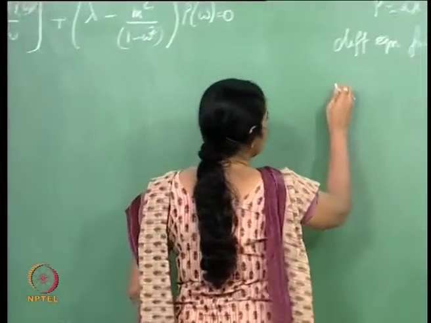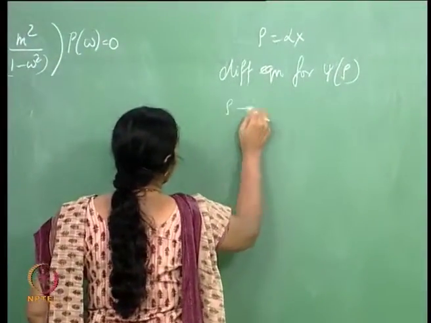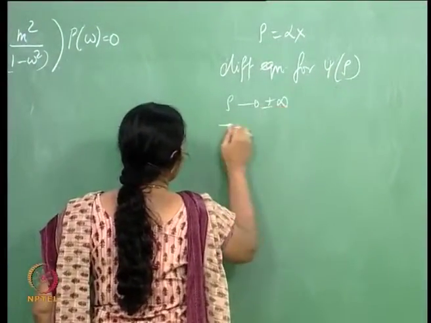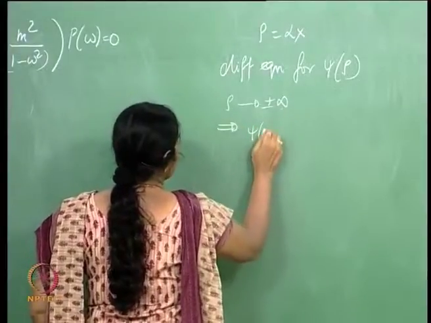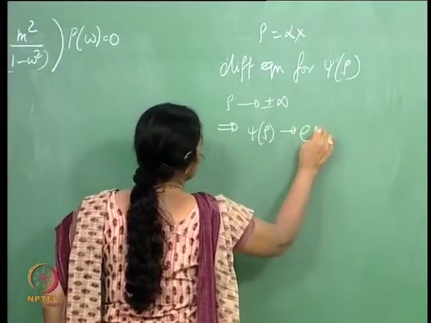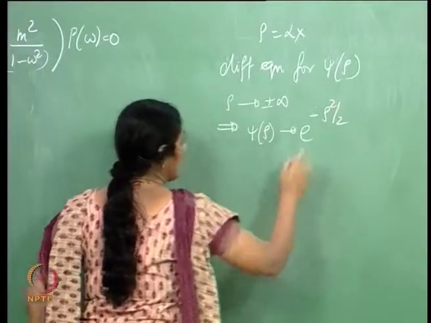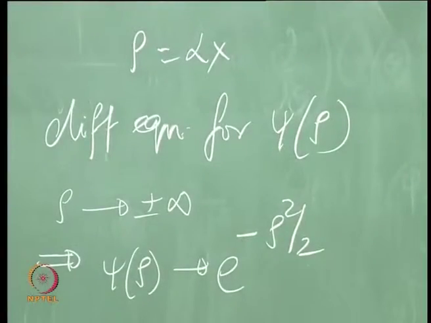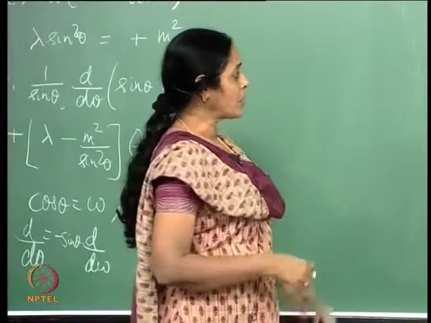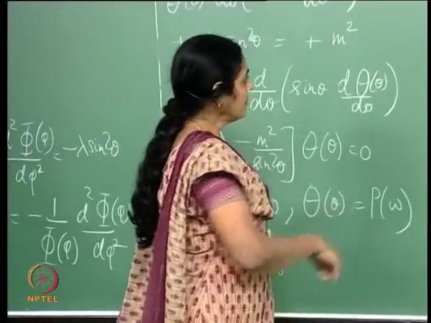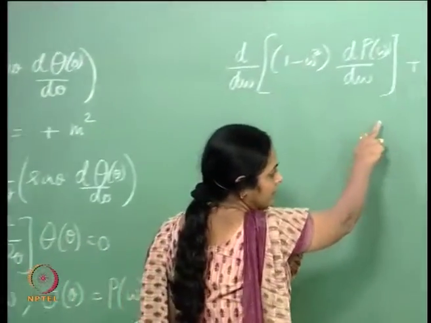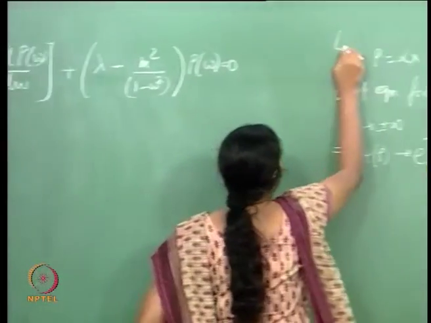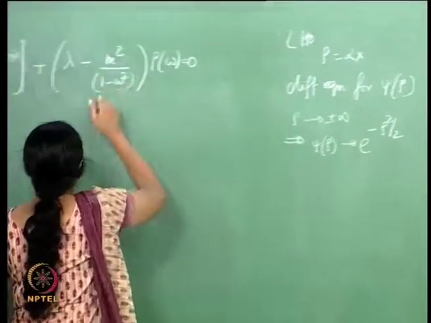So, the asymptotic form, so rho going to plus minus infinity implied that psi of rho went as e to the minus rho squared by 2. So, the Gaussian form was determined by looking at what happens when x or equivalently rho go to plus minus infinity. I do the same thing here. So, this was the linear harmonic oscillator. Now, look at this equation.